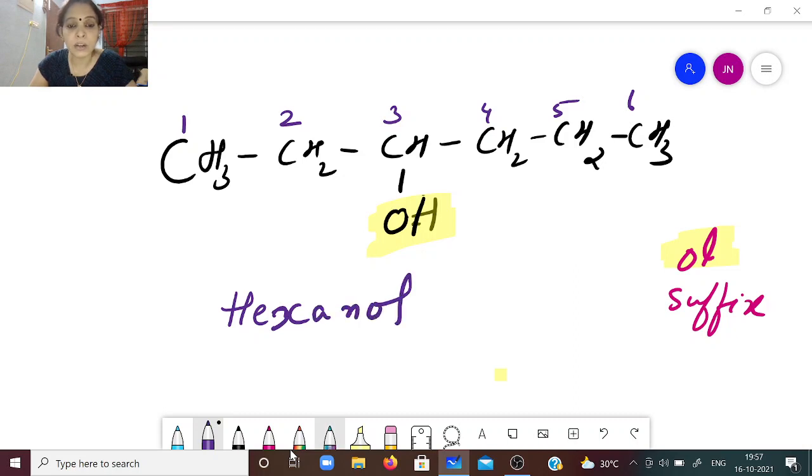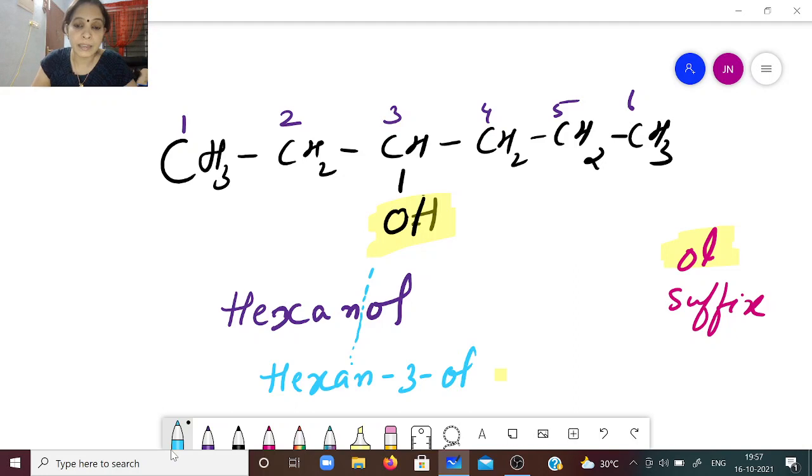But I am going to break it here and write the number 3, carbon number 3. So I have to write hexan-3-ol. This is the name of the compound.